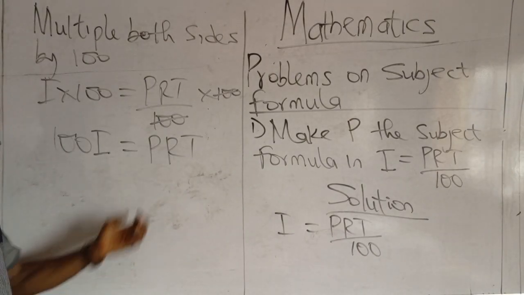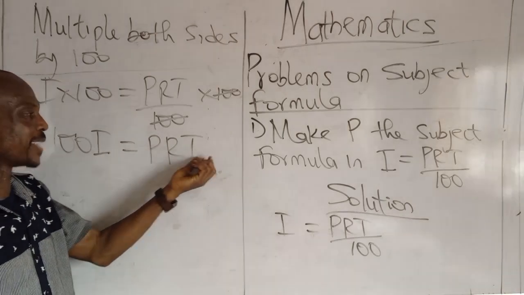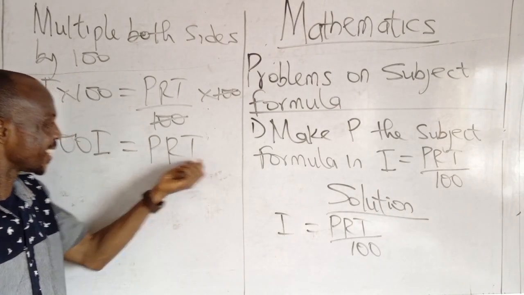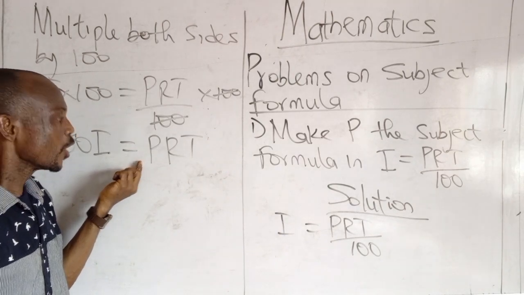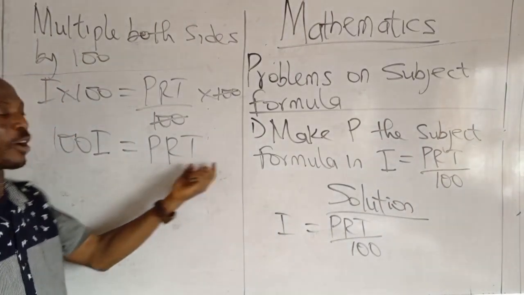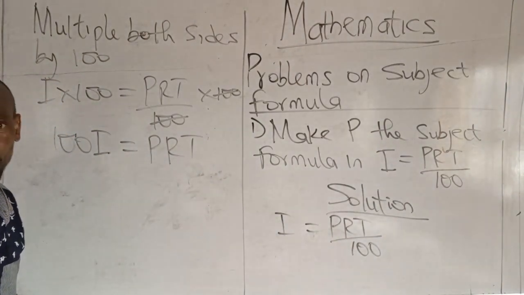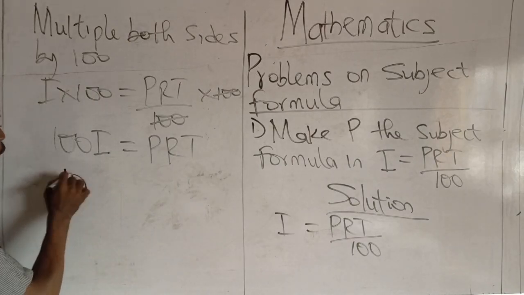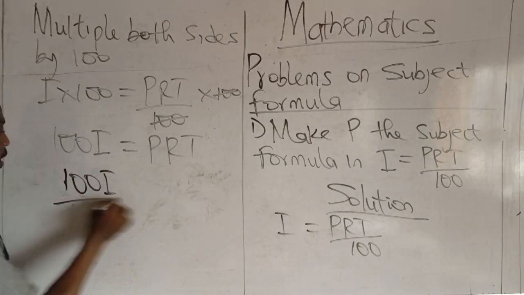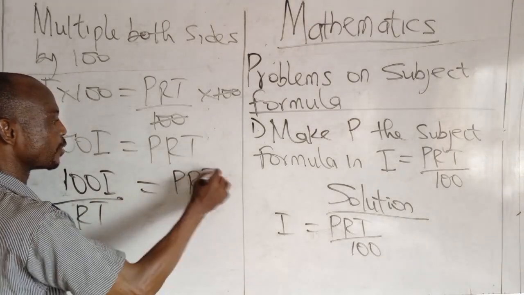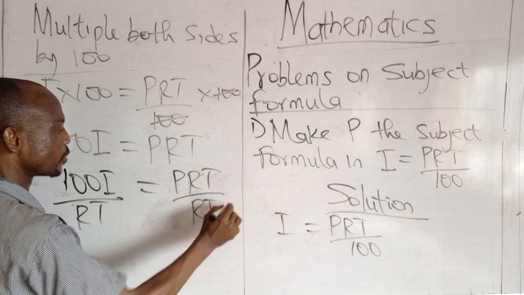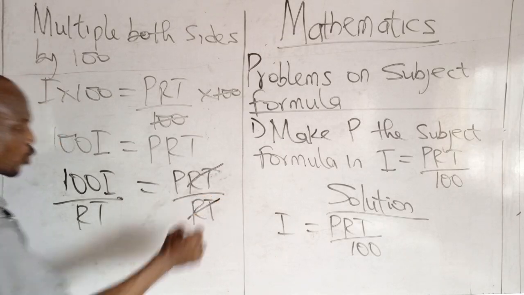The next is for us to pull our R and T. R and T, they are multiplying our P. So in doing that, we are going to divide both sides of the equation by our RT. So we now have 100I divided by RT is equal to PRT divided by RT. RT we cancel out.